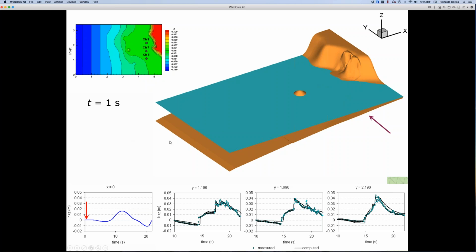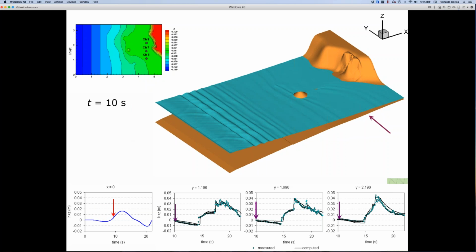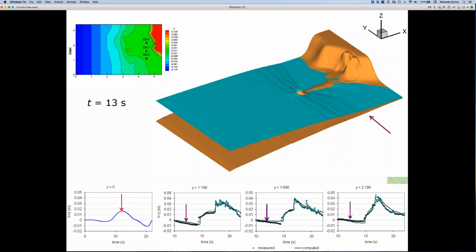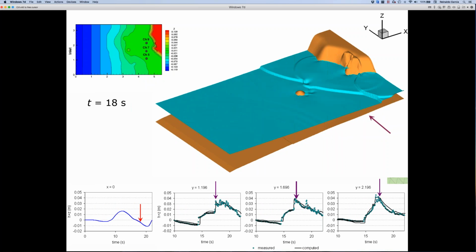So I will show you different images corresponding to different times. And the arrow on the lower left graph represents the state at which we are in time. So you see at this point, we start measurements. And then you see here how the model behaves. It is very accurate in representing the elevations that occur here, that are very complex, by the way.